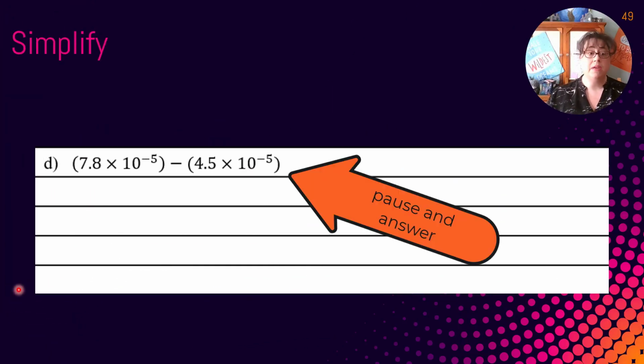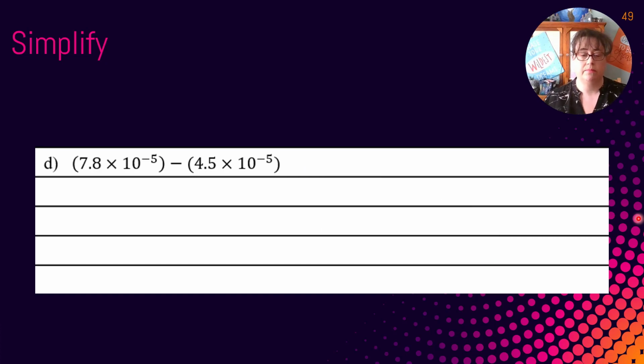Okay, we would like you guys to try this one on your own and then come back and see how you did. So this one didn't have nearly the messiness that the other ones did. We have both 10 to the negative fifths. That's good news. When we have those same ones, we get to just move on. So we're going to keep that 10 to the negative fifth. So we have our 7.8 minus.